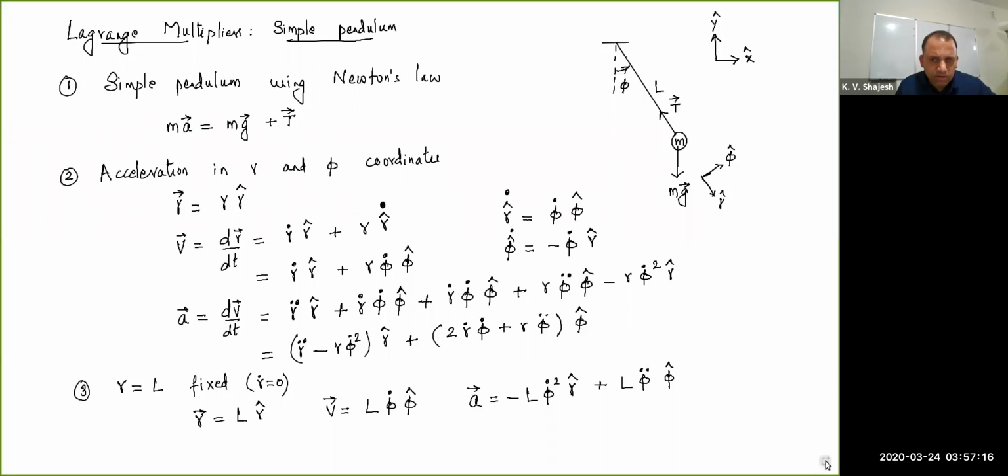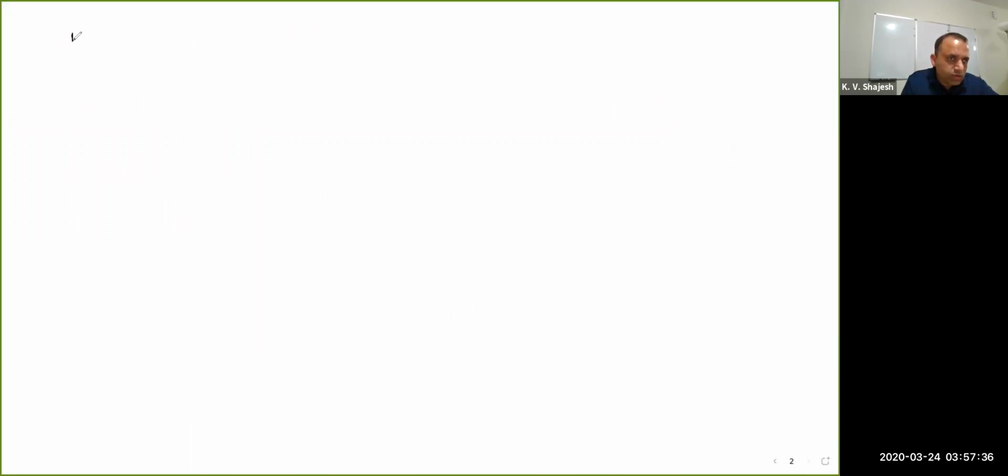So that's good. So let's now substitute this back in 1, right? So we'll use the acceleration term in equation 3 and substitute it back in 1, the Newton's law. So let's see. Using 3 in 1, we have mass times acceleration.